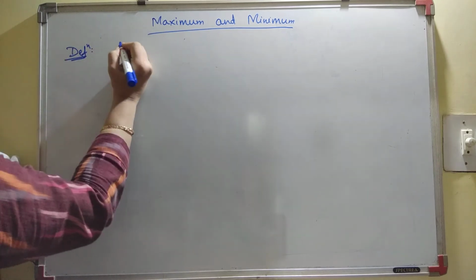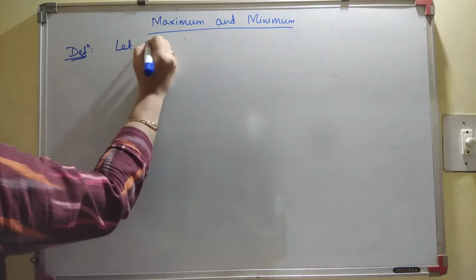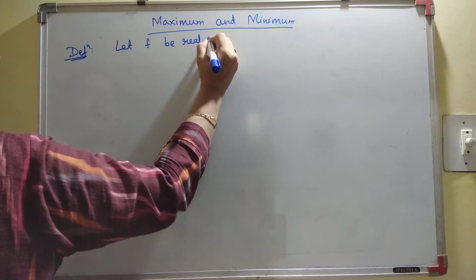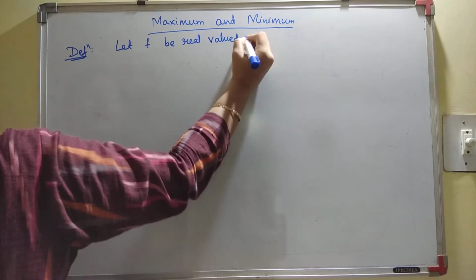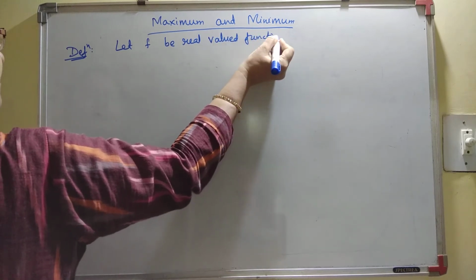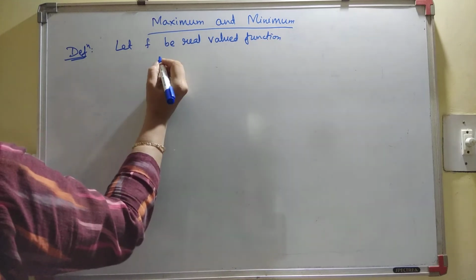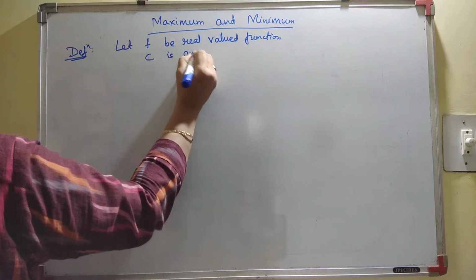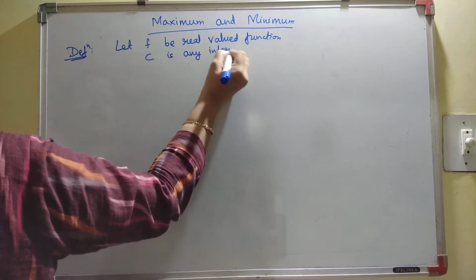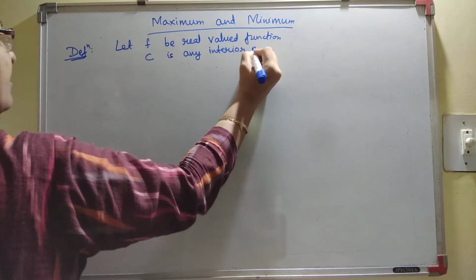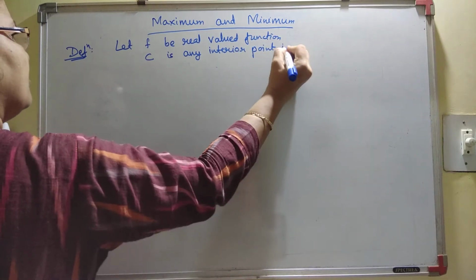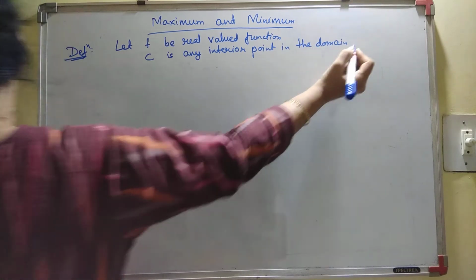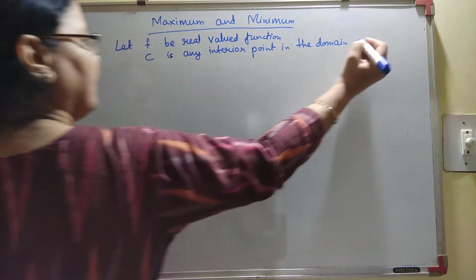It is written as: let f be a real valued function, and C be an interior point, C is any interior point in the domain of f.